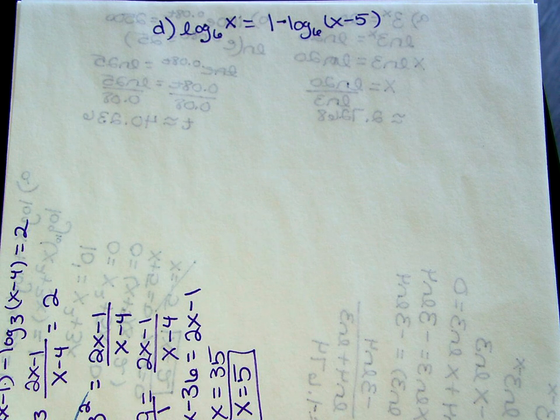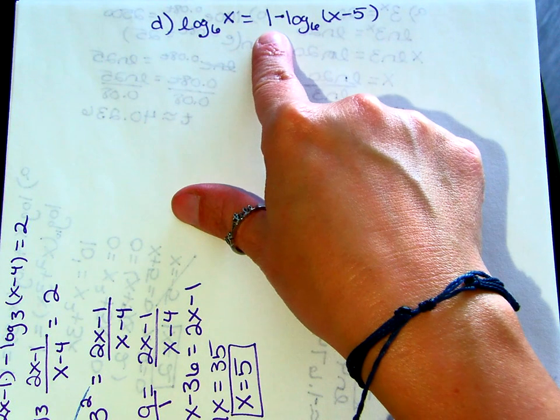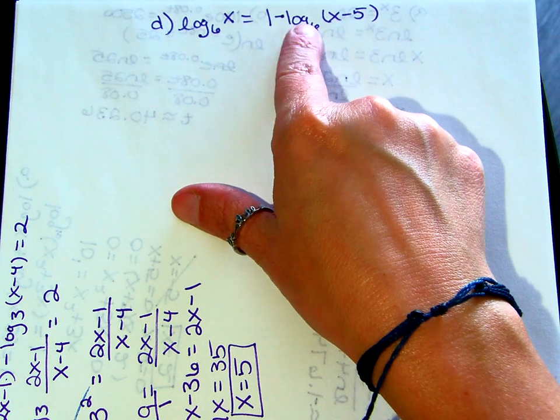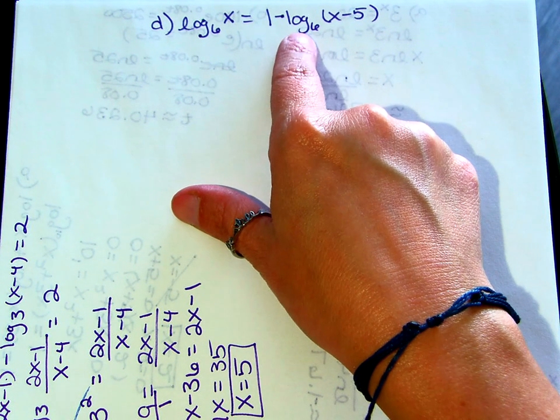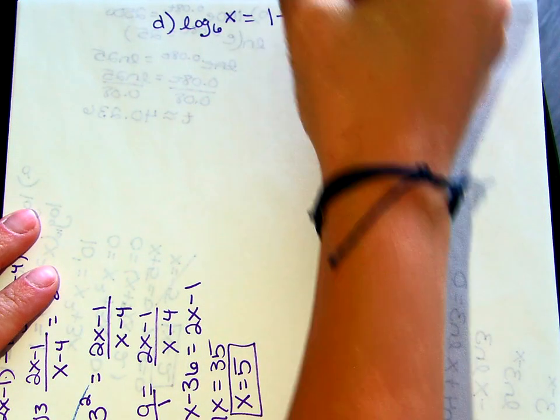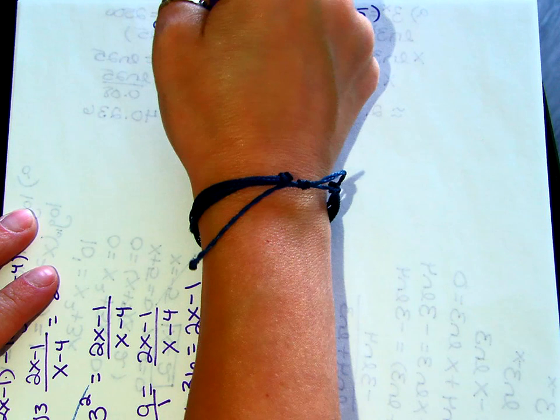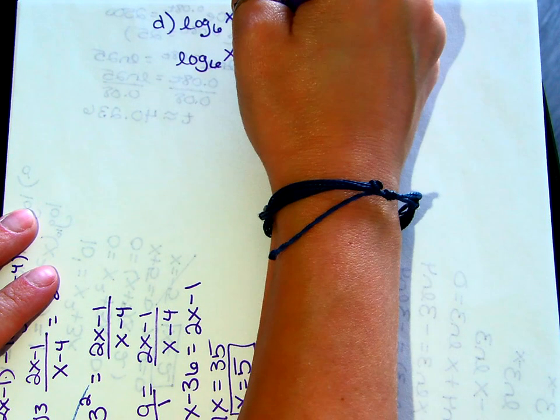I can't use that special rule where I have the same log with the same base on both sides and just ignore them, because that 1 is not log base 6. So I can't do that. So I'm going to need to add this log base 6 of x minus 5 over to the other side so that hopefully I can condense my logarithms into a single log. So I'm going to add my right-hand log to my left. So I have log base 6 of x plus log base 6 of x minus 5, and all of that equals 1.